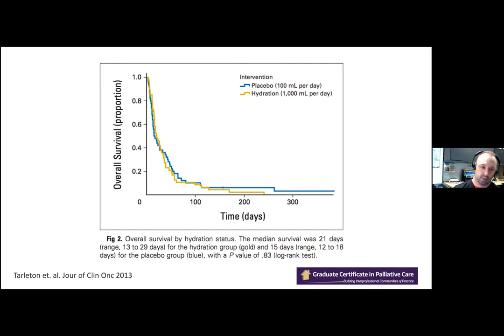In this study, we can see that placebo hydration compared with a liter a day of hydration had really pretty similar outcomes in terms of overall survival. And so it's not really contributing in that way to the patient's care.